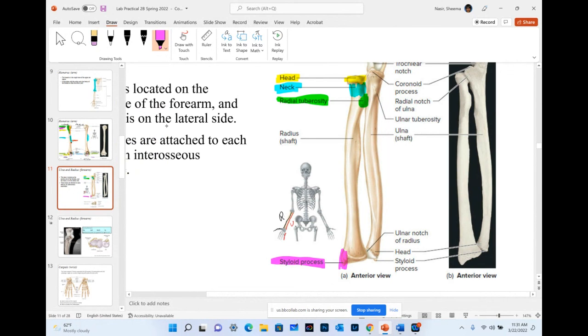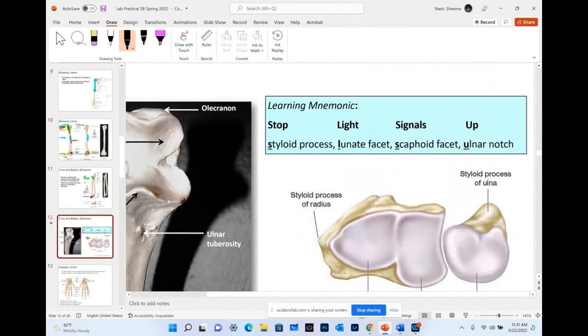Now we are going to look at the undersurface of the radius. And remember, this is the styloid process. The undersurface has two facets.